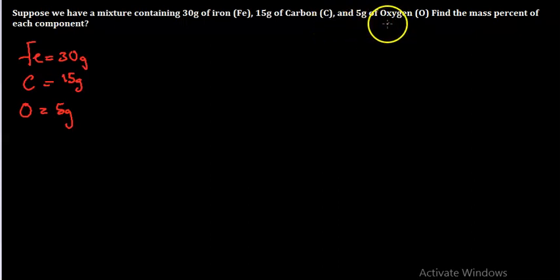In this case, we have iron, which is 30 grams, carbon, which is 15 grams, and oxygen, which is 5 grams. We should find the mass percentage of each component. In this case, we are going to find the mass percentage of iron, carbon, and oxygen.